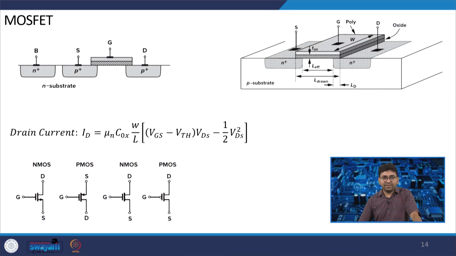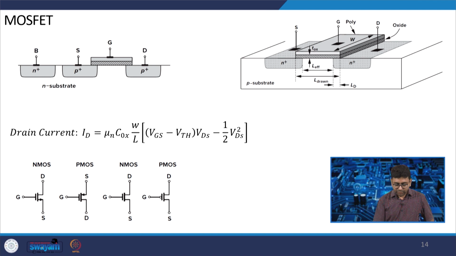So, let us discuss the MOSFET. In this PPT we have divided the content into MOSFET and BJT, which are the widely used components, and a detailed study of the basic MOSFET and BJT is discussed. The MOSFET is a 4 terminal device, as we all know.